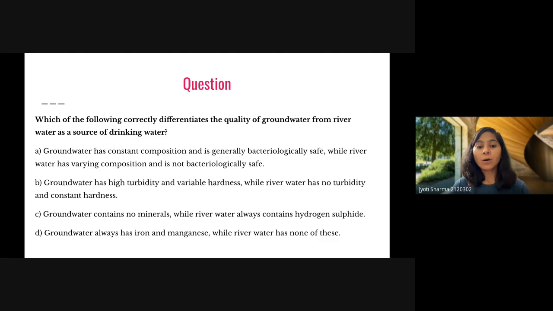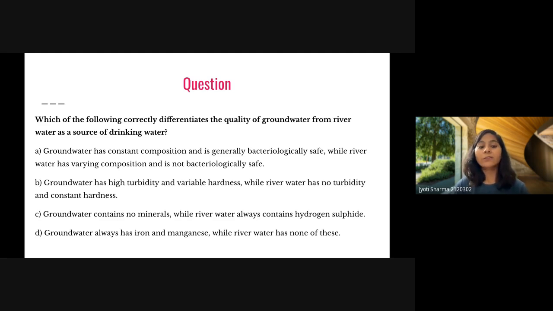Option A: groundwater has constant composition and is generally bacteriologically safe, while river water has varying composition and is not bacteriologically safe. Option B: groundwater has high turbidity and variable hardness, while river water has no turbidity and constant hardness. Option C: groundwater contains no minerals, while river water always contains hydrogen sulfide.